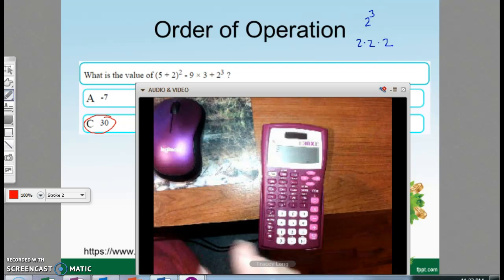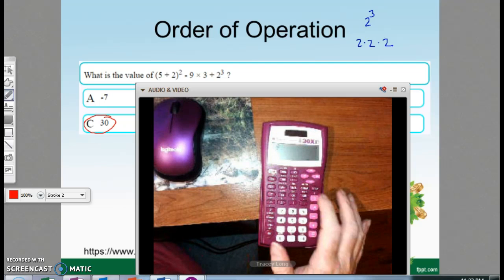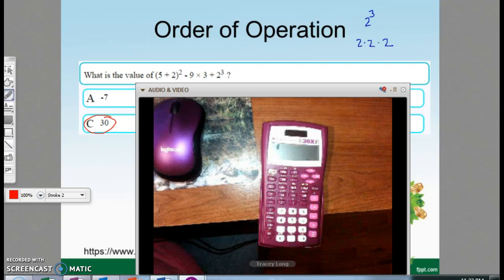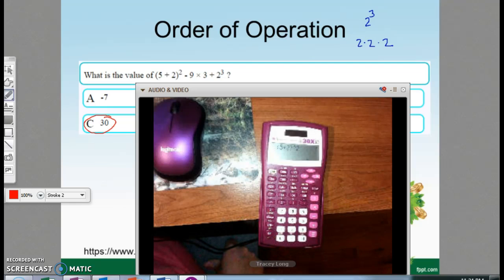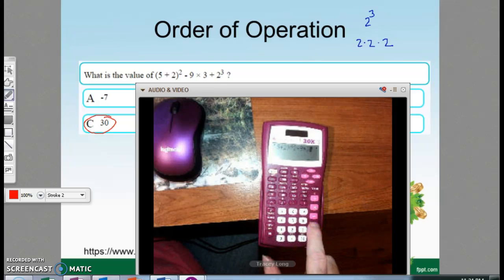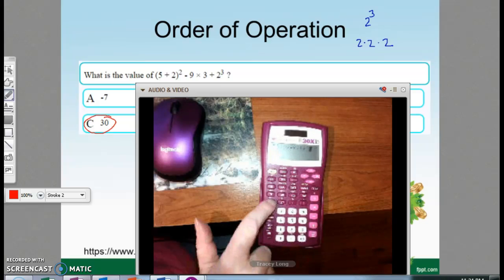All right, so I'm just going to put that in my calculator exactly as it appears on my screen. So I'm going to do parentheses 5 plus 2 end parentheses raised to the second power, minus 9 times 3, plus 2 raised to the third power.